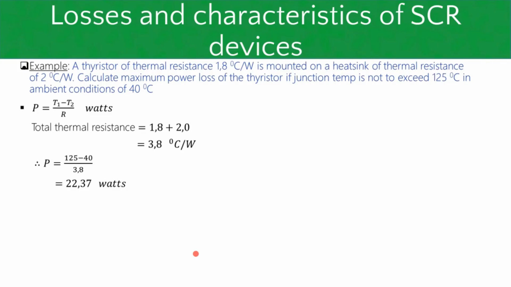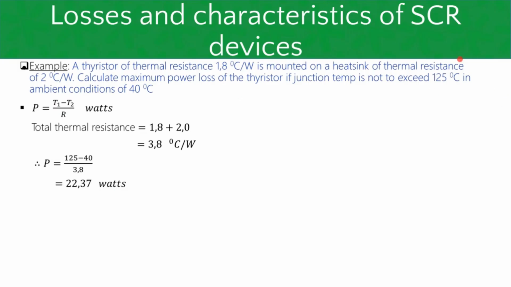So the example that I have here on the slides is related to the temperature characteristics, or power dissipation characteristics, of SCRs, which will be directly related to the temperature of the SCR.